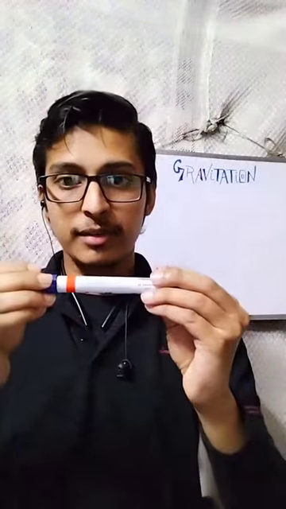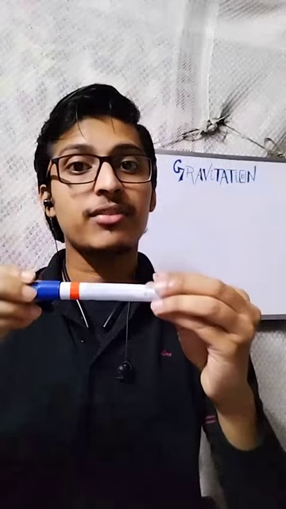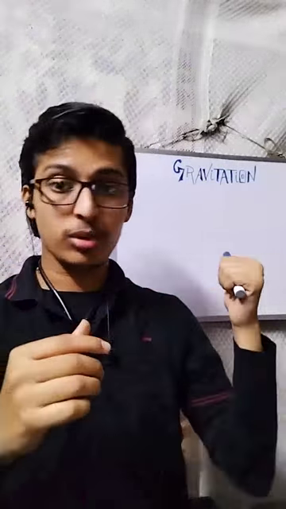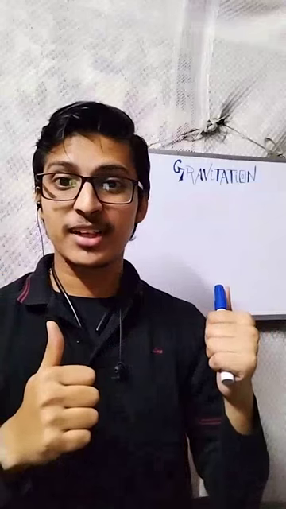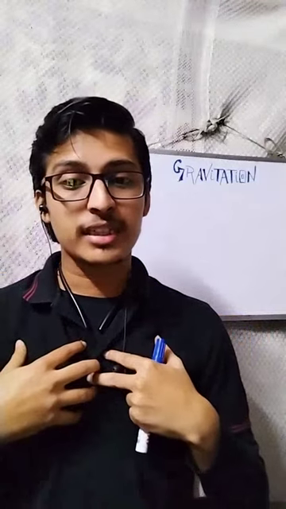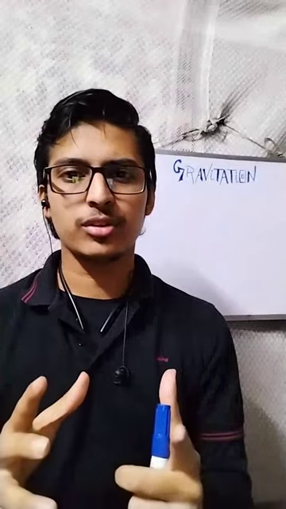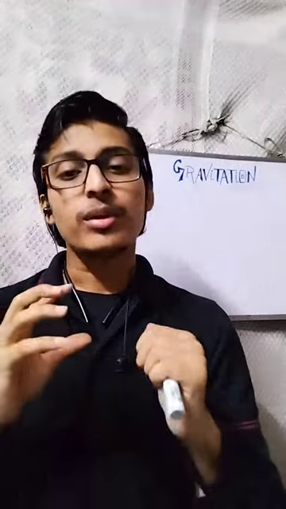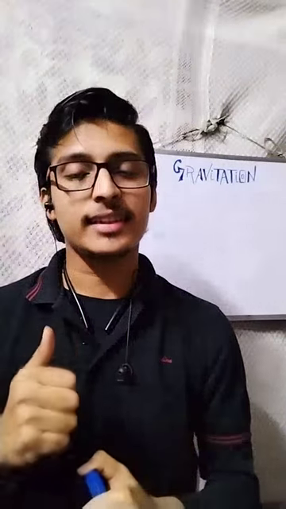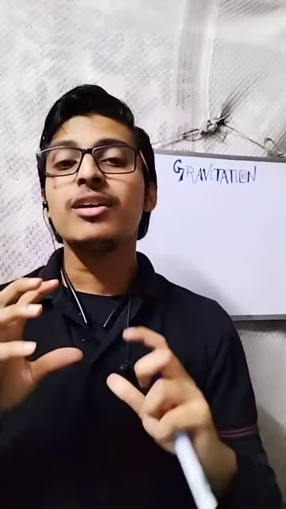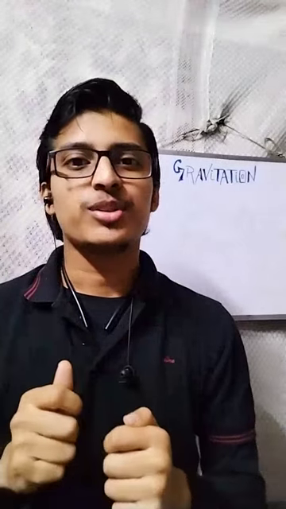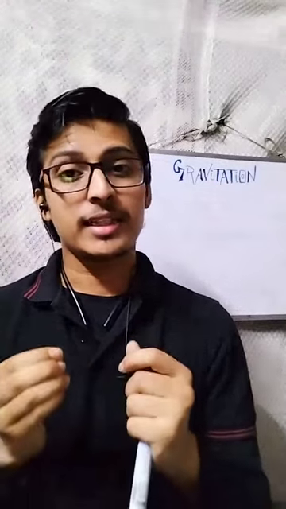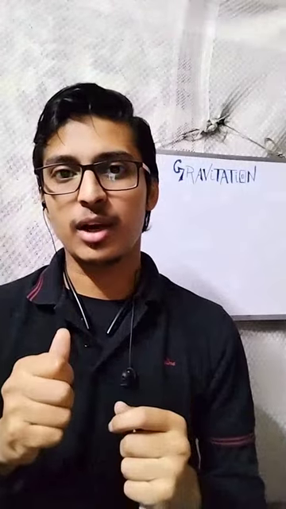Like this marker I am holding, this is also exerting a gravitational pull, and this board behind me also exerts a gravitational pull. I also exert a gravitational pull. All the objects in the universe exert gravitational pull on all the other objects. Okay, so now in Newtonian mechanics or classical mechanics, we have a very nice formula to define gravitational force. So let us see the formula and let us understand how that formula works.